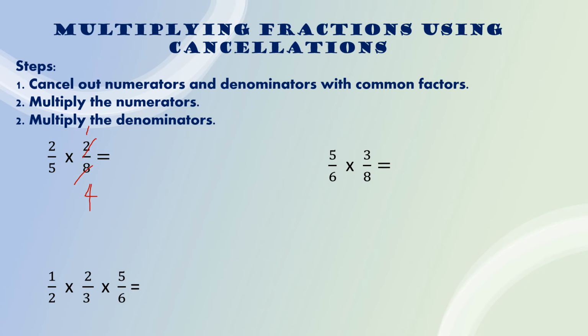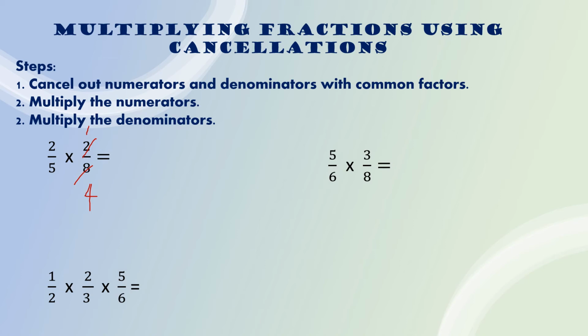Now you will ask, teacher, can I also cancel the 2 here? Yes, as long as one is in the numerator and one is in the denominator. It can be vertical or diagonal, as long as we are canceling one numerator and one denominator. So now it's just 1/4.